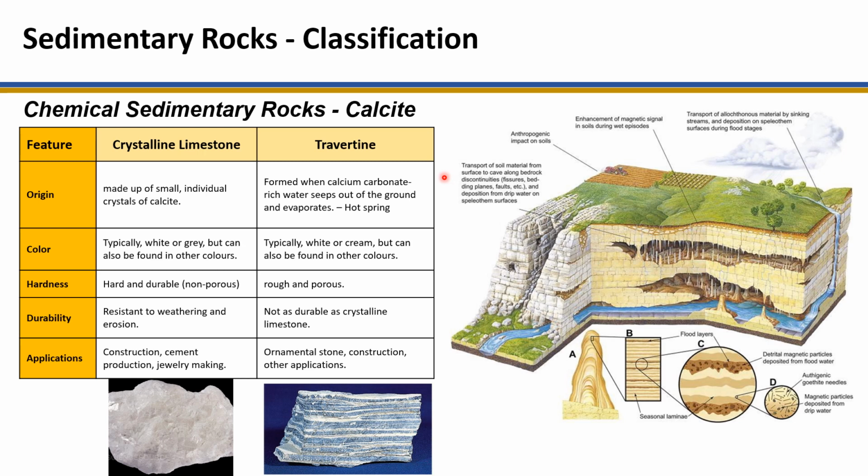So for example of calcite chemical sedimentary rocks, we can divide the calcite type of chemical sedimentary rocks into two. One is crystalline and another one is travertine. Crystalline limestone is a type of limestone that is made up of small individual crystal of calcite. So it has a smooth, uniform appearance and can be found in a variety of color.